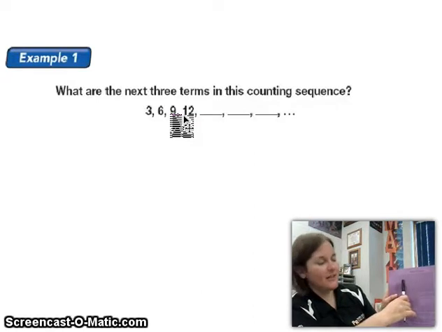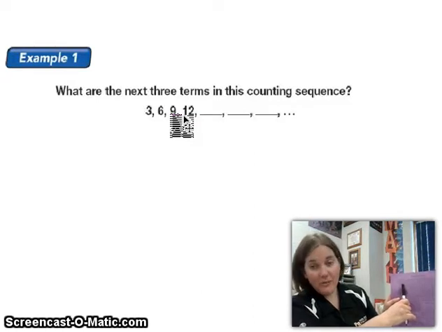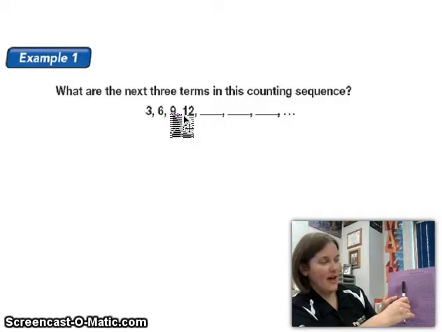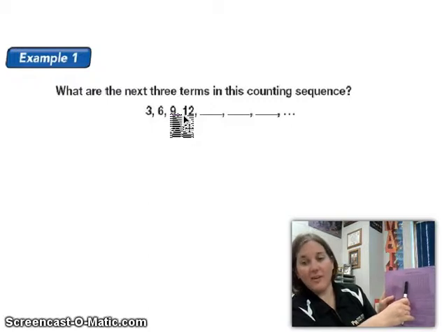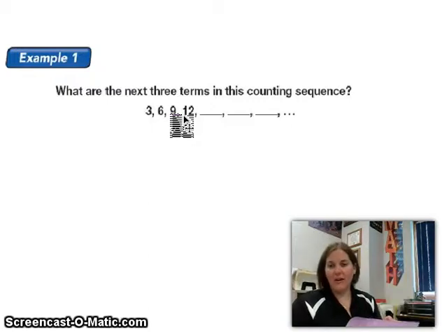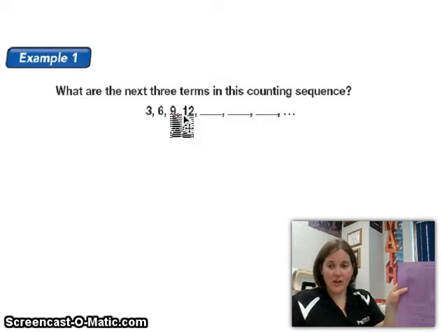And what you'll see is they have some of the terms that were given to us, 3, 6, 9, 12 shows up, and you can keep following it to find the next three terms. So 15, 18, 21 were the next three, and that's what we determined already. So these multiplication charts or reference sheets can be very useful and make your work quick.